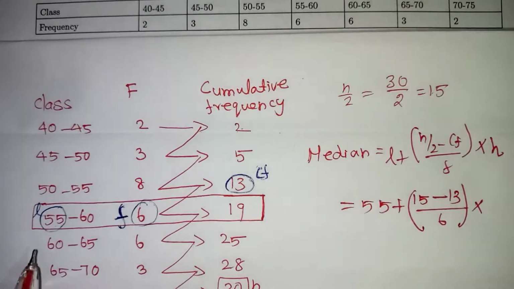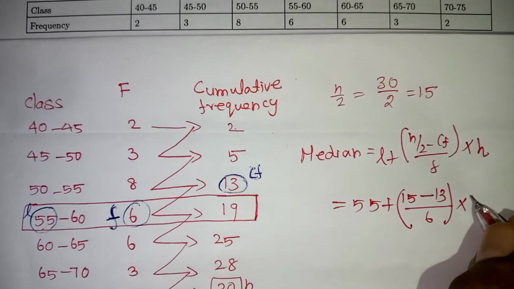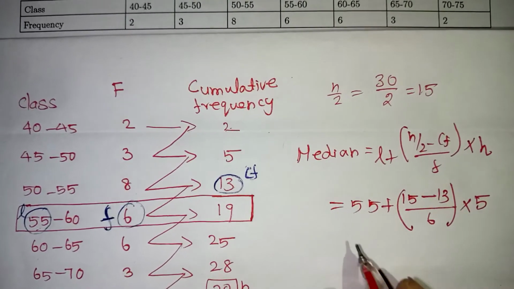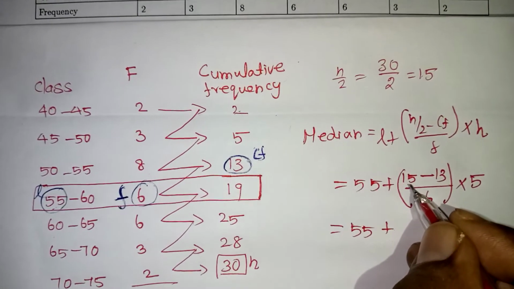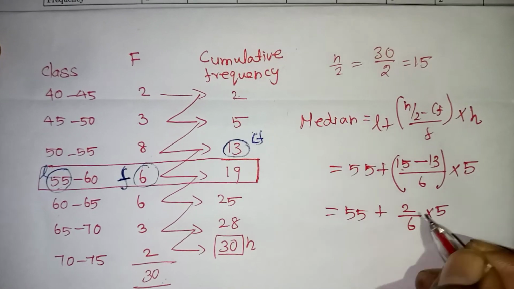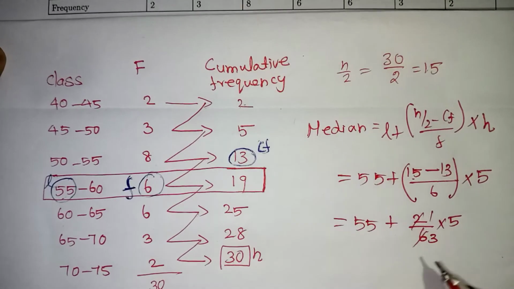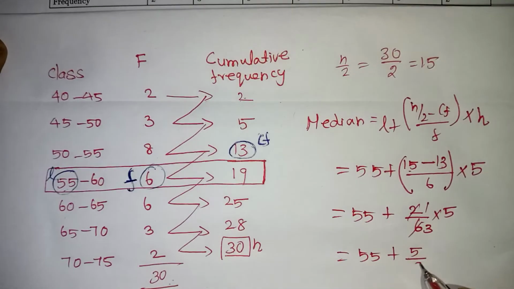Multiplied by H, the class is 55 to 60, 60 to 65, 65 to 70, 5 gap. So the class size is 5, you should write. Now here 55 plus 15 minus 13 is 2 by 6 into 5. Now 2 ones are 3s, we can write it. So 55 plus 5 by 3 we can write.